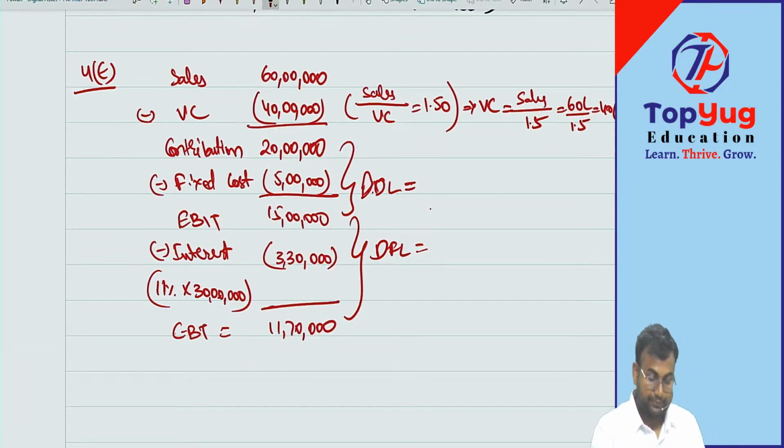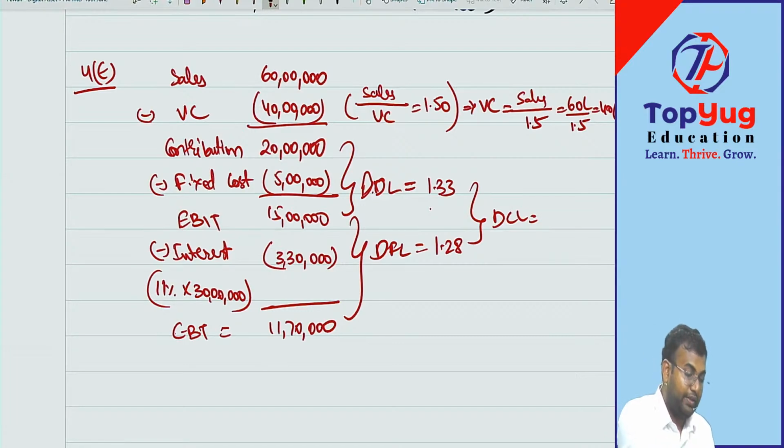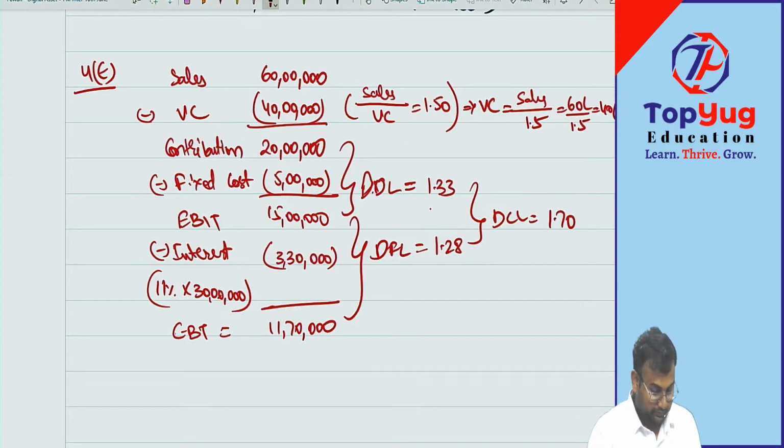Then DFL. Yes, and then DCL. That is 1.33 into 1.28, 1.7. Make a note here.